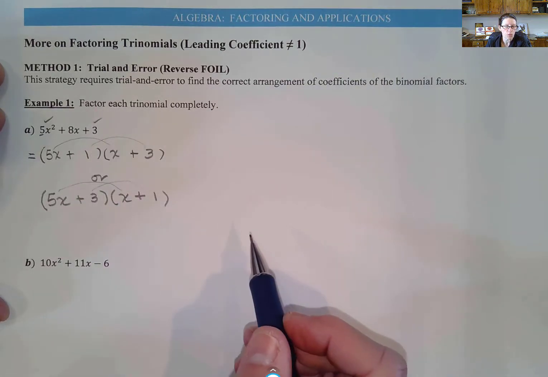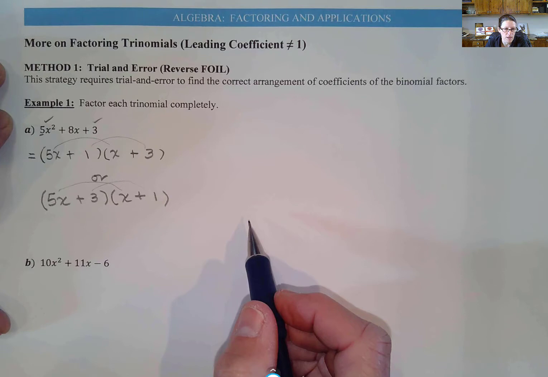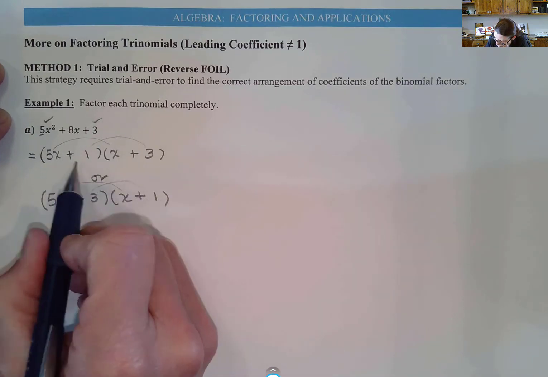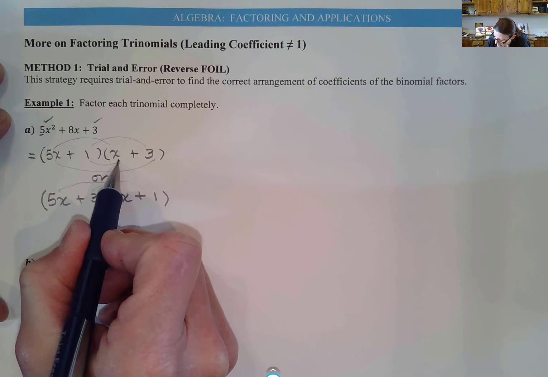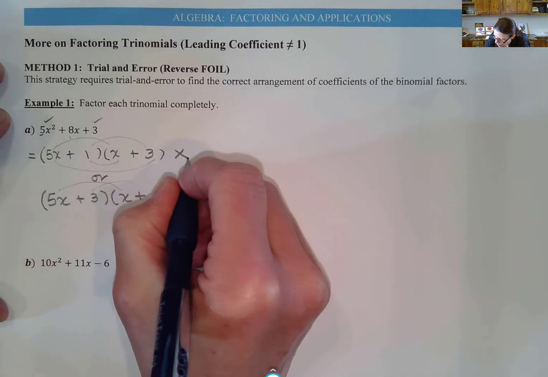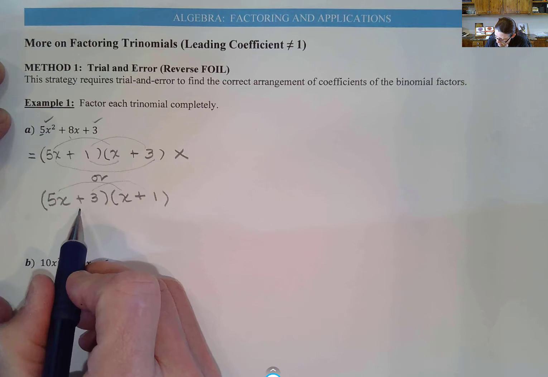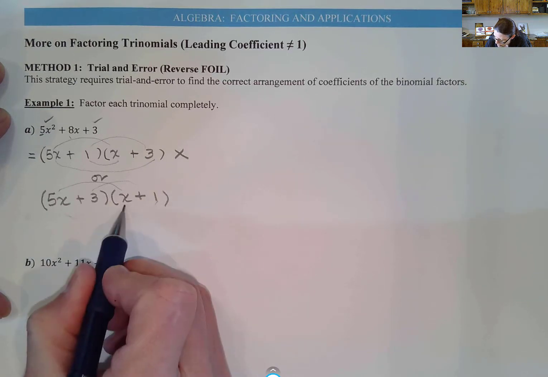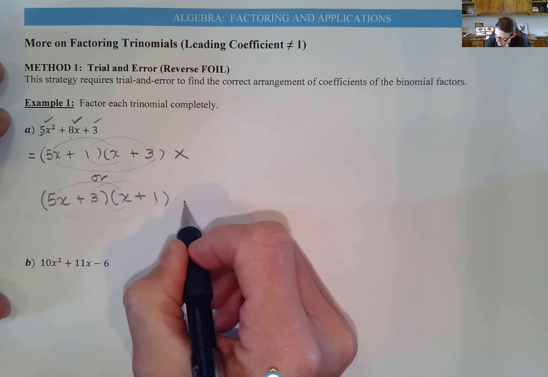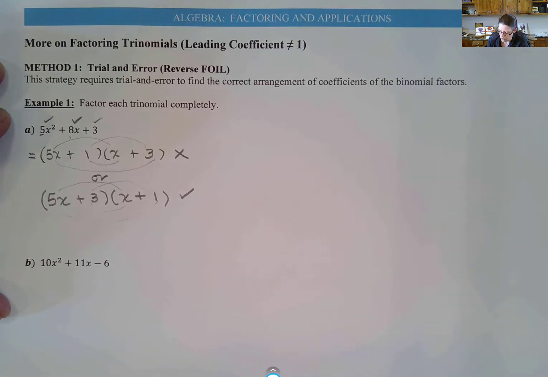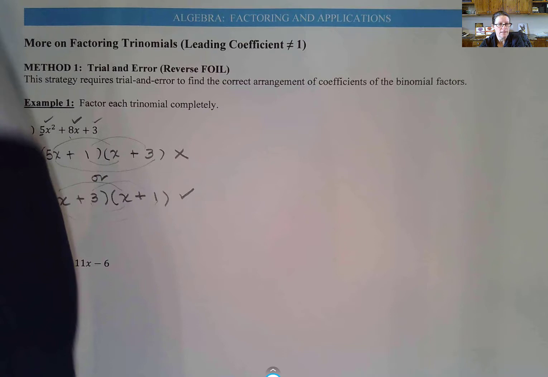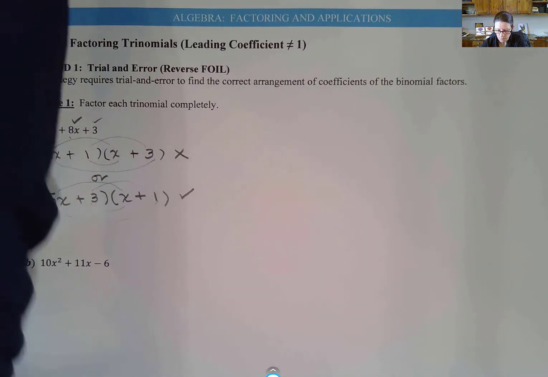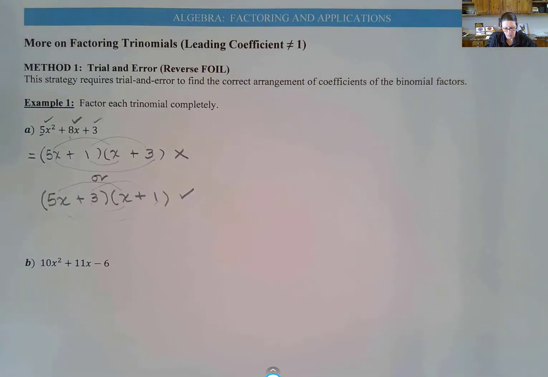So really, we're only concerned about the sum of our inner and outer products. In the first example, 15x plus x is 16x, and that does not work. In our second option, 5x plus 3x is 8x, and that one does work. So our correct factorization is 5x plus 3 times x plus 1. And this is the process of factoring by trial and error.